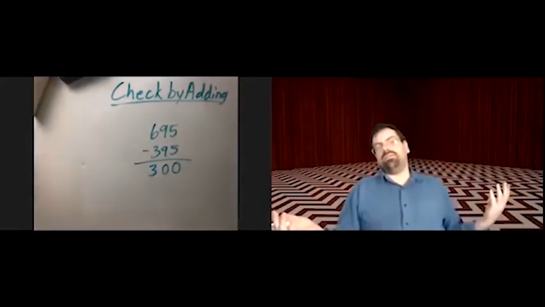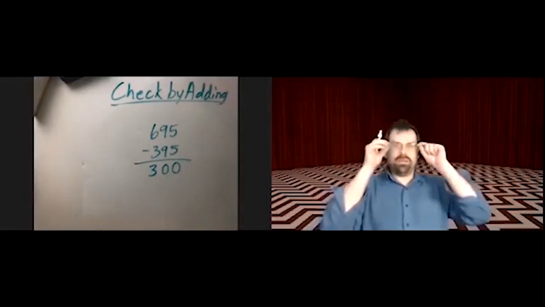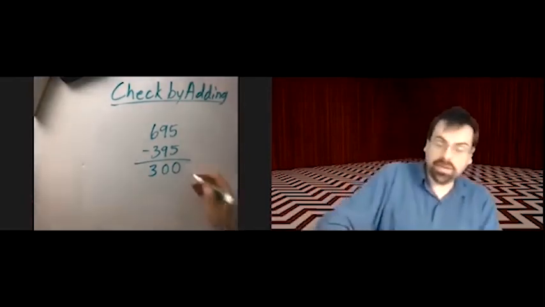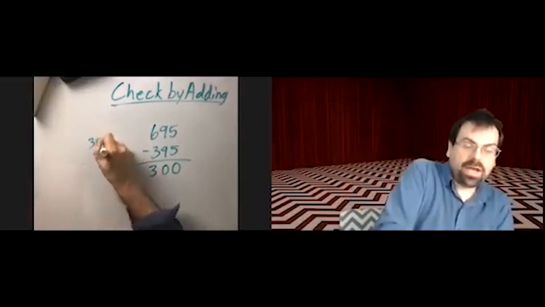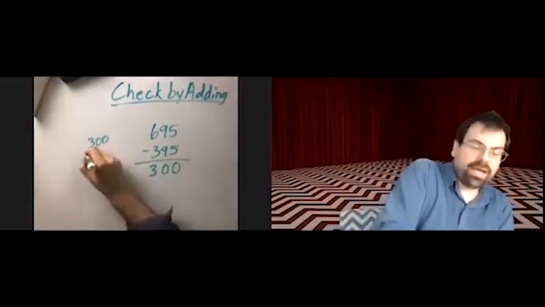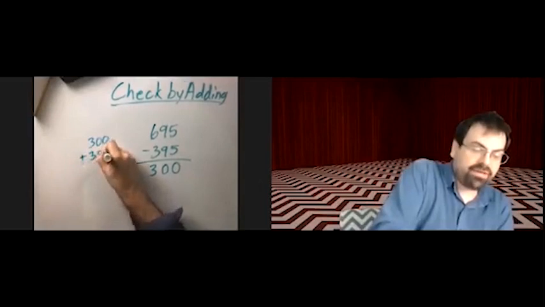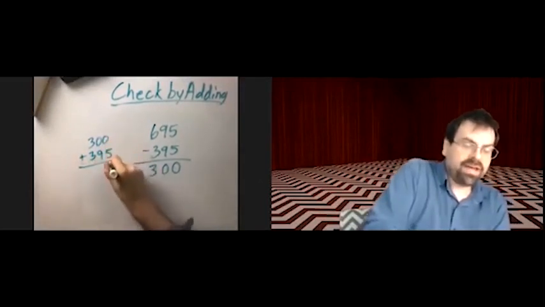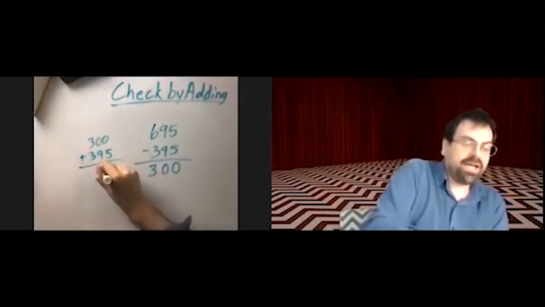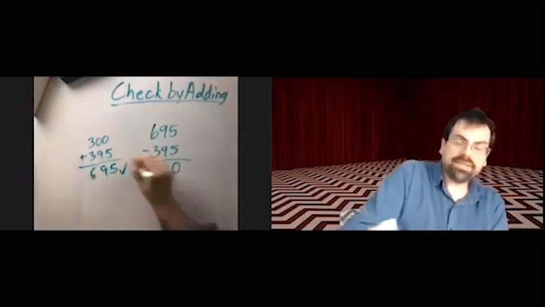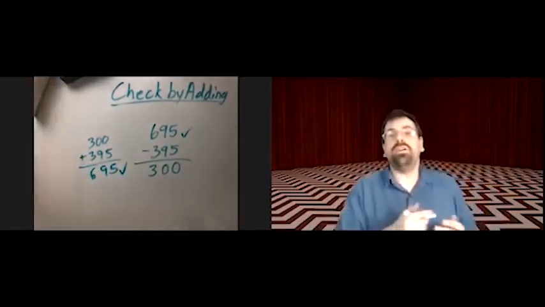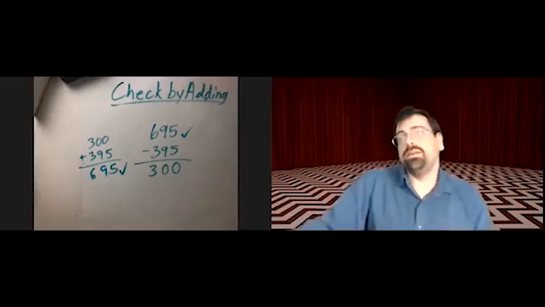Are we right? How can we be sure we're right? We can check by adding. So we can take the 300 and we can add back what we took away, the 395. 0 plus 5 is 5, 0 plus 9 is 9, 3 plus 3 is 6, and 695 is what we started with. So we know we are correct.